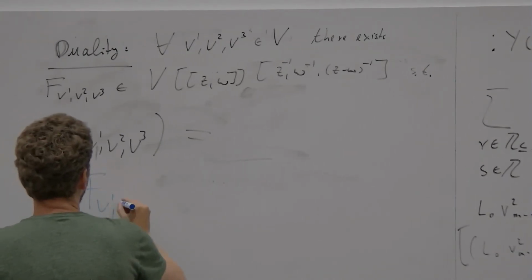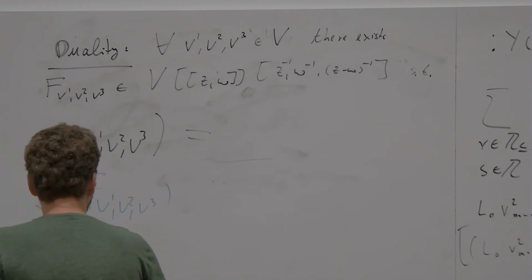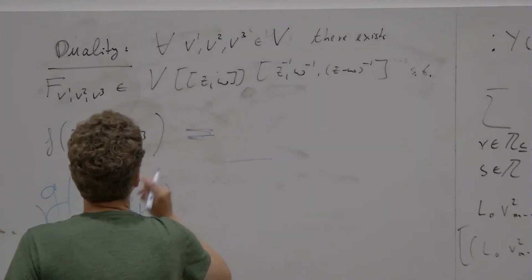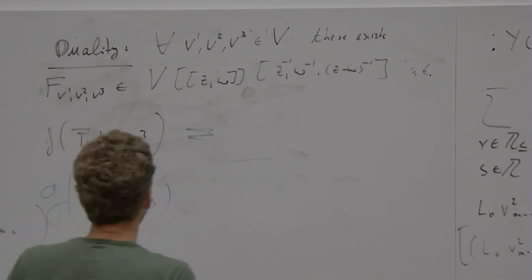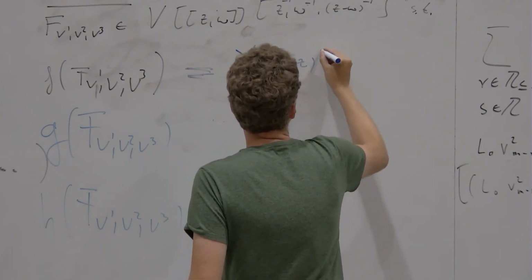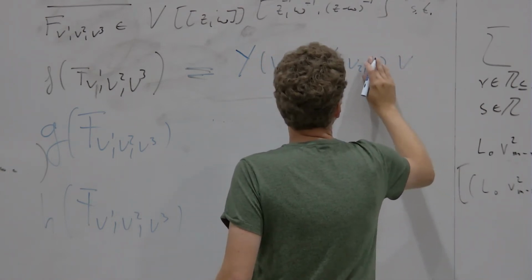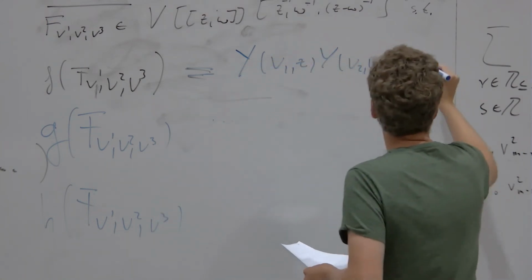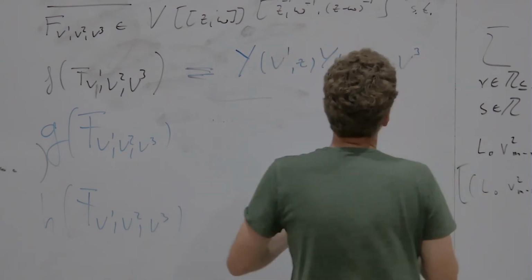So we apply our three embeddings f, g, and h to this function, and now let's think about it.